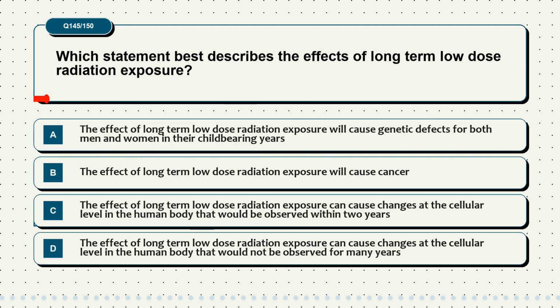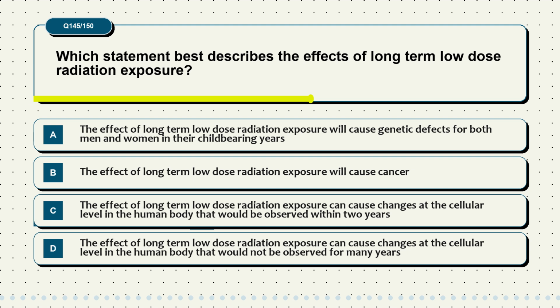Question 145. Which statement best describes the effects of long-term low-dose radiation exposure? Here are the options. Option A. The effect of long-term low-dose radiation exposure will cause genetic defects for both men and women in their childbearing years. Option B. The effect of long-term low-dose radiation exposure will cause cancer.